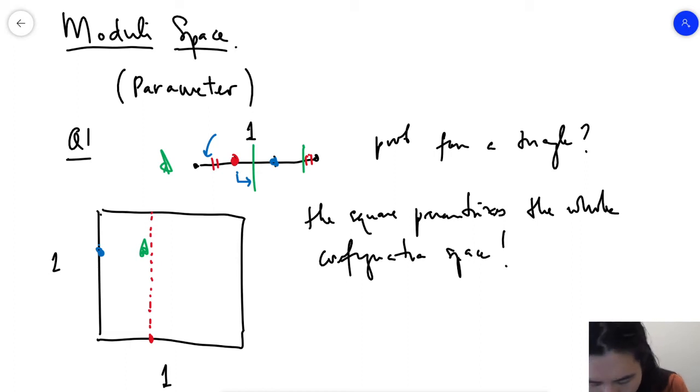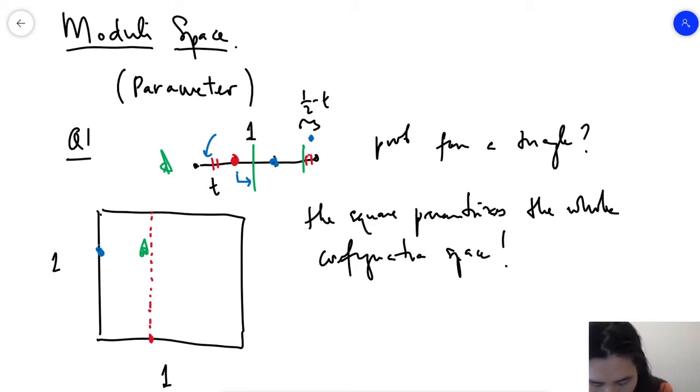If a blue point lies here, then similarly, let's assume this has length t, then consider a very small segment of length half minus t. If the blue point lies on the interval on the right, then we cannot form a triangle. The three parts of the stick don't form a triangle.